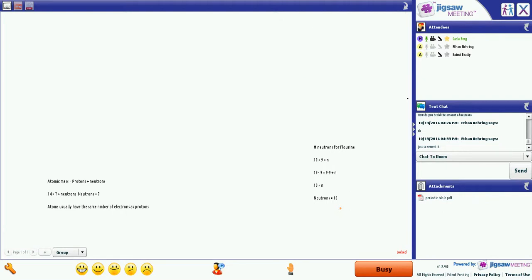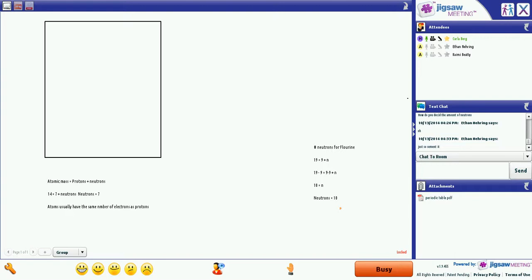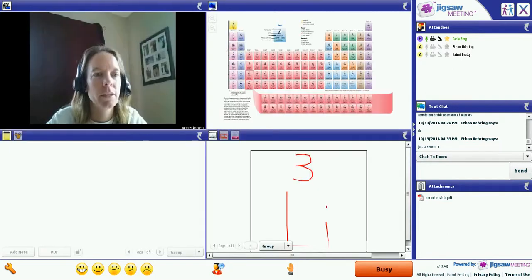I don't want you guys to write your answers up here on the whiteboard. Okay, here's the element. The element symbol is Li for lithium. Okay, so I locked your whiteboard so you cannot write on them.